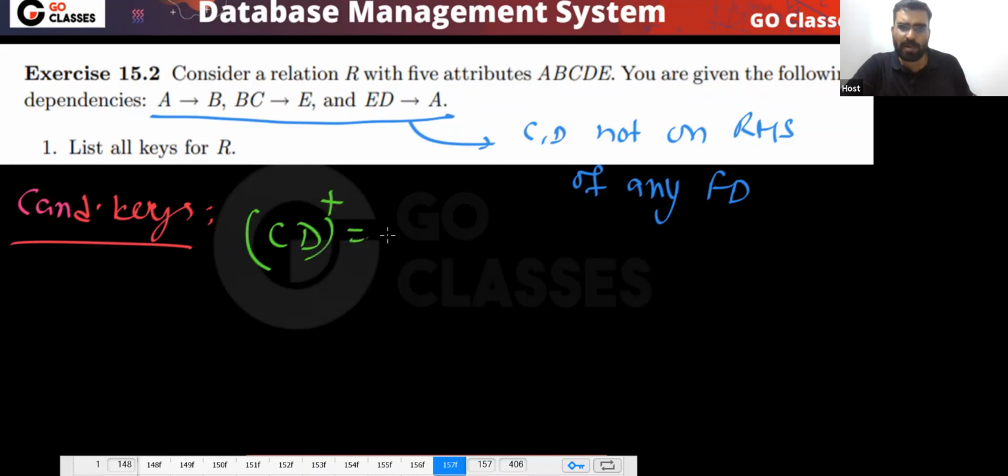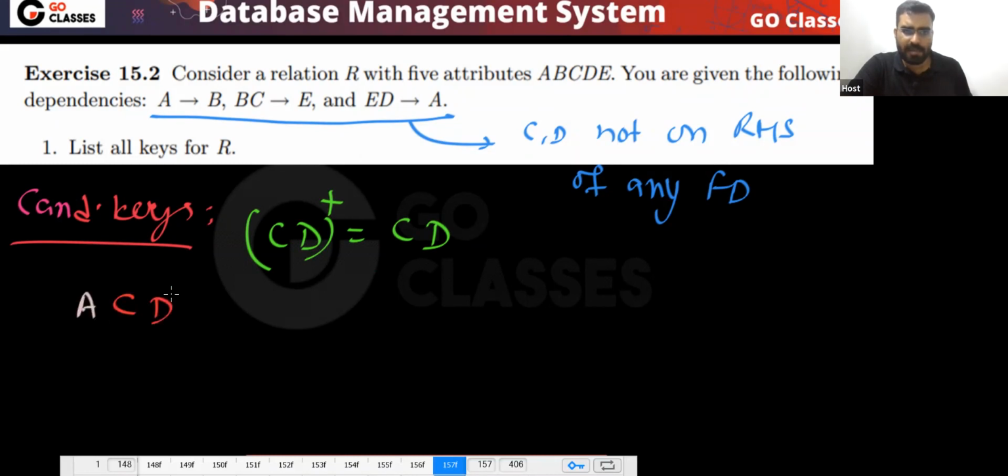So let's see what C, D can do. C, D can only determine C, D, nothing else. So now let's check. C, D must be part of every candidate key.